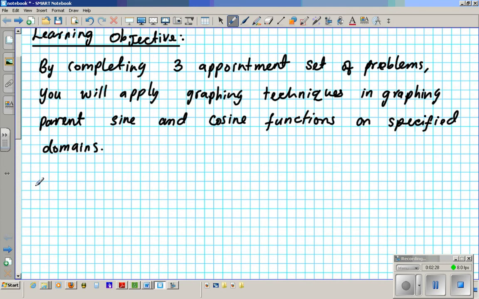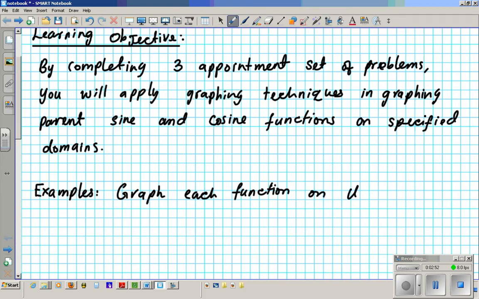Graph each function. So the instructions are: graph each function on the given interval.